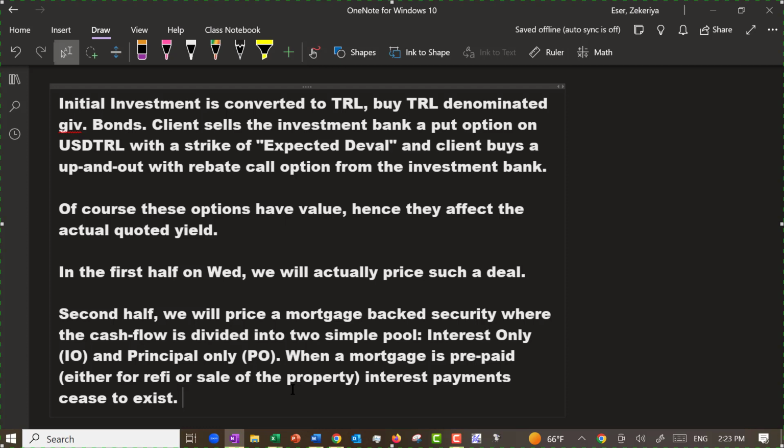Of course, if there's a foreclosure on a mortgage, by definition, interest payments go down, but you may also lose something on the principal as well. So depending upon the refi rates or prepayment rates and mortgage rates, the values of these things are going to change.